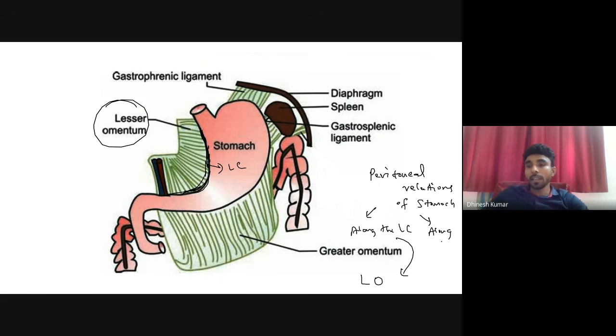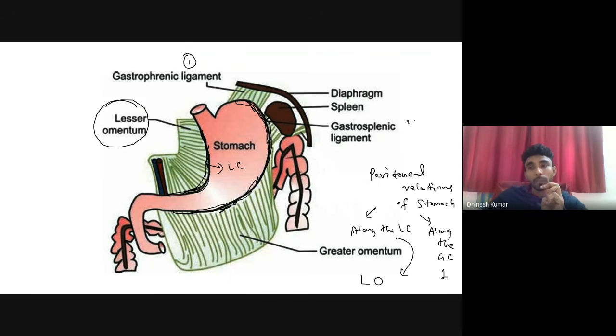Whereas along the greater curvature of stomach, I am tracing the greater curvature of the stomach now. So along the greater curvature of stomach, we have 3 peritoneal folds attached. What are they?